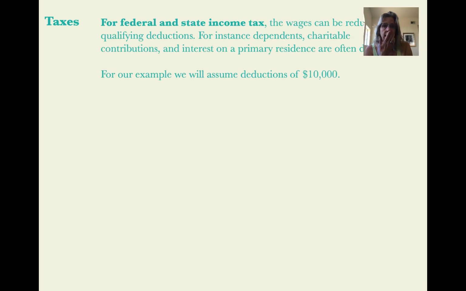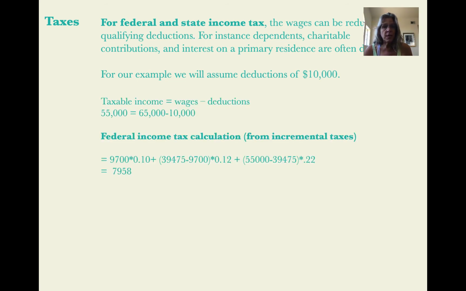Let's look at an example. For federal and state income taxes, the wages can be reduced by qualifying deductions. For instance, dependents, charitable contributions, and interest on a primary residence are often deductions. For our example, we're going to assume $10,000 of deductions. So let's say we have a $65,000 income and $10,000 of deductions. That means our taxable income is $55,000.